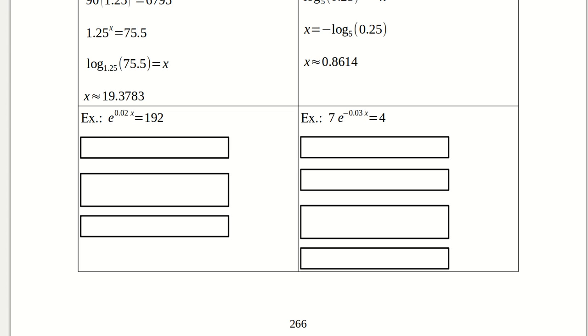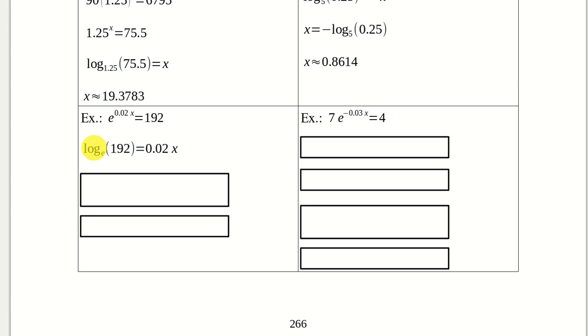The next two examples involve e, so let's take a look at that. We're going to translate these. They're going to be log base e's, which are going to become natural logs. The base is e, the exponent is 0.02x in this first example, so away we go. The log base e of 192 is that exponent 0.02x. Now, nobody writes the log base e.